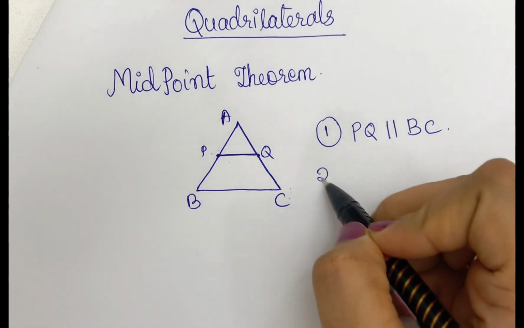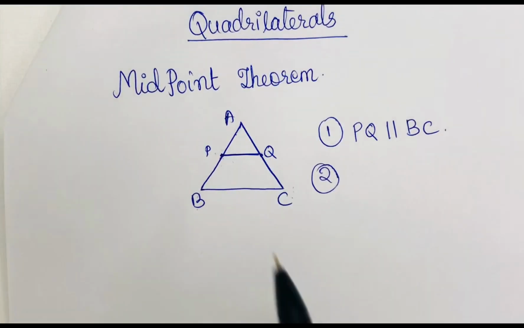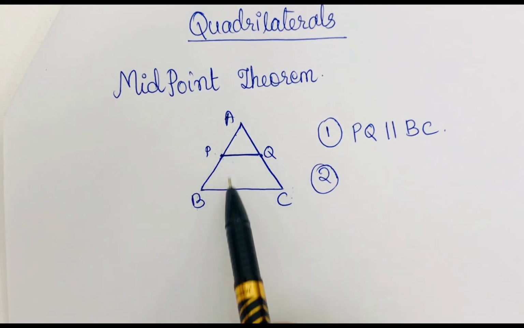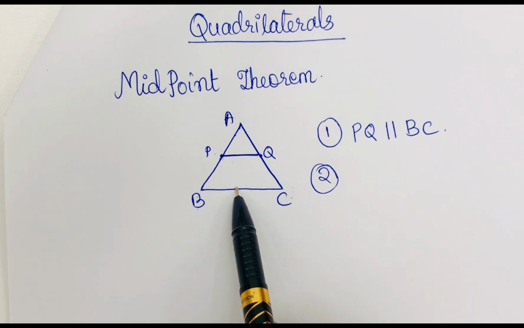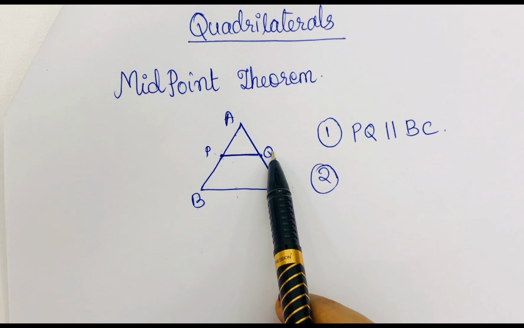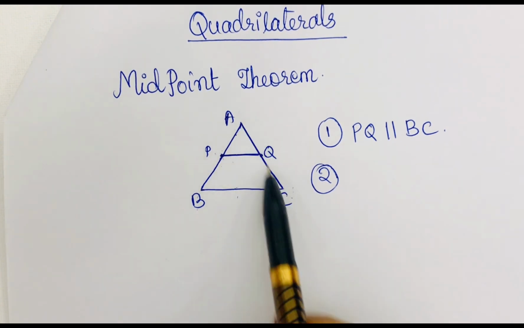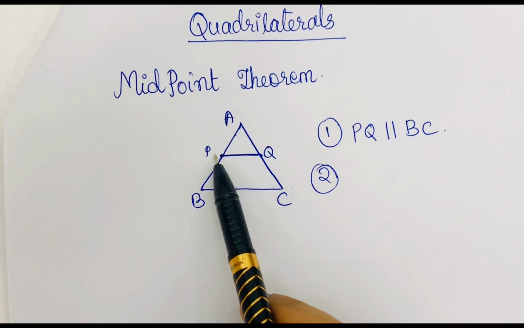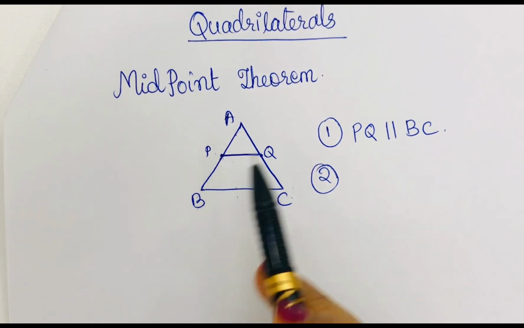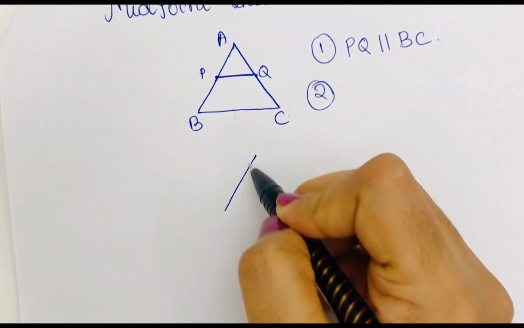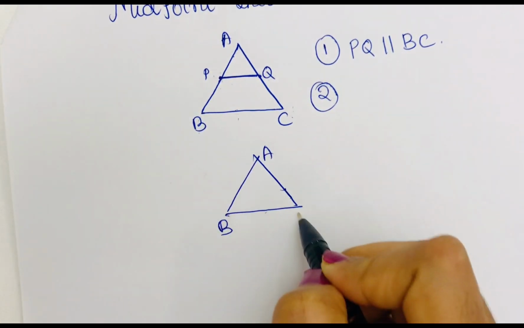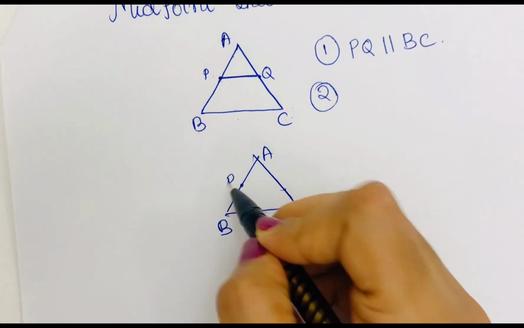And the second one is, if a line is drawn through the midpoint of one side of a triangle and is parallel to another side, then the line bisects the third side. That is, in triangle ABC, this is the midpoint of AB.